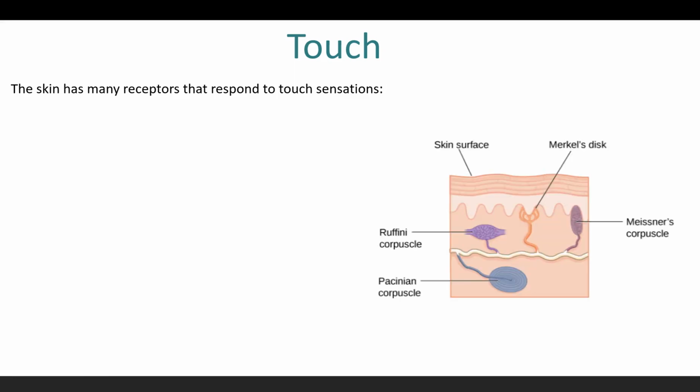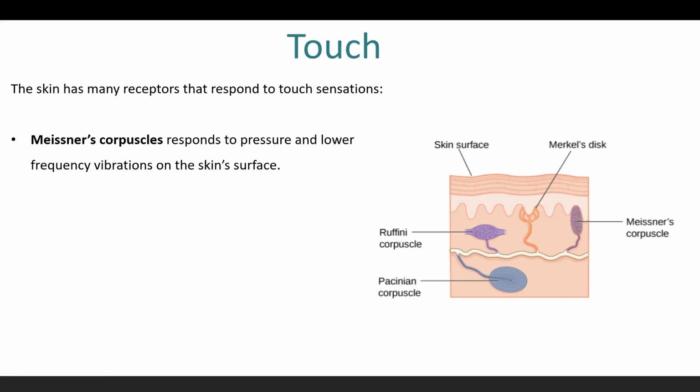Then our last and final sense is touch. The skin has many receptors that respond to different touch sensations, and these are them here. Our first one, Meissner's corpuscles, responds to pressure and lower frequency vibrations on the skin surface.